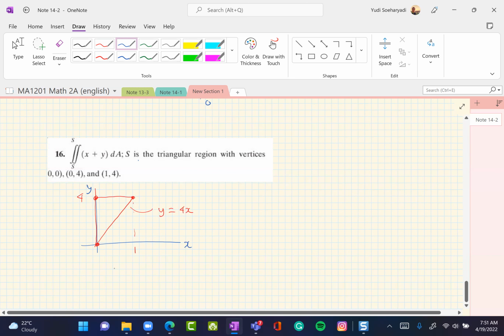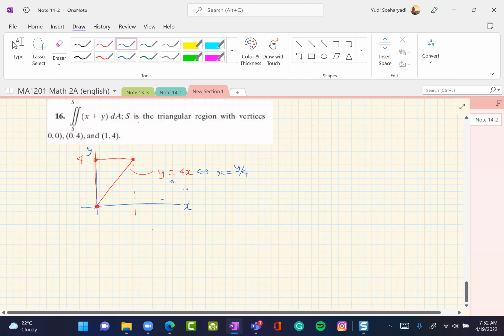Or you can write this as x equals y over 4. We may need this, in case you need to.